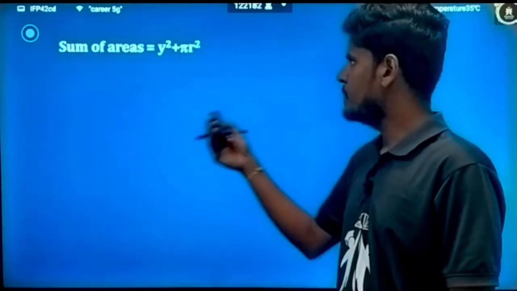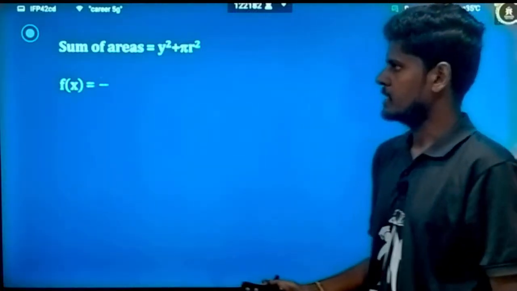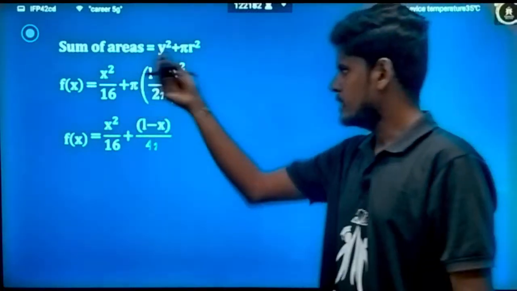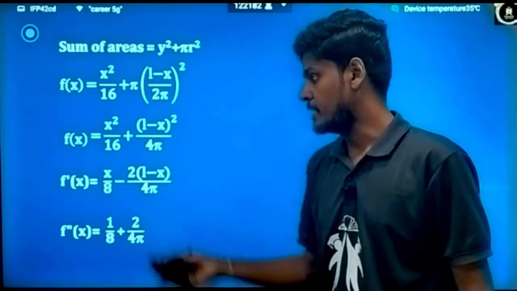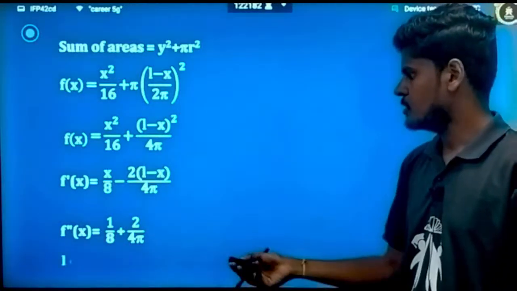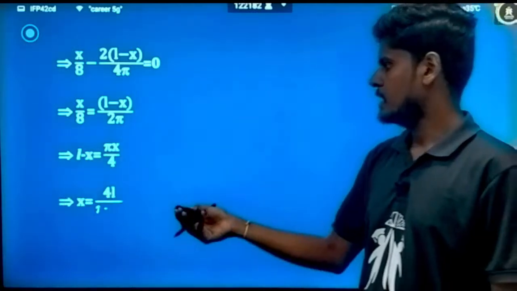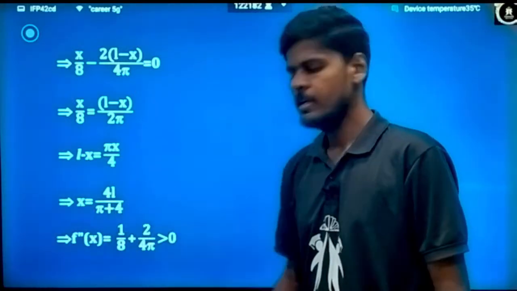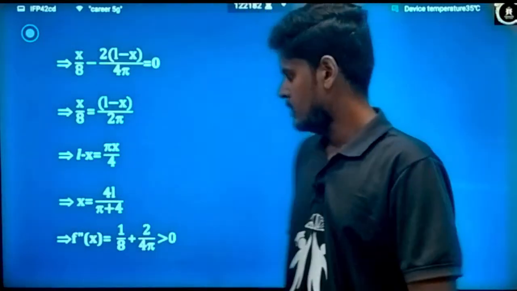So the sum of areas should be minimum. The sum of areas is given by y square plus pi r square. Convert it into a single variable and find f dash. F dash equal to 0 means we will get the X value, that is 4L by (pi plus 4). What is X? That is the perimeter of the square.